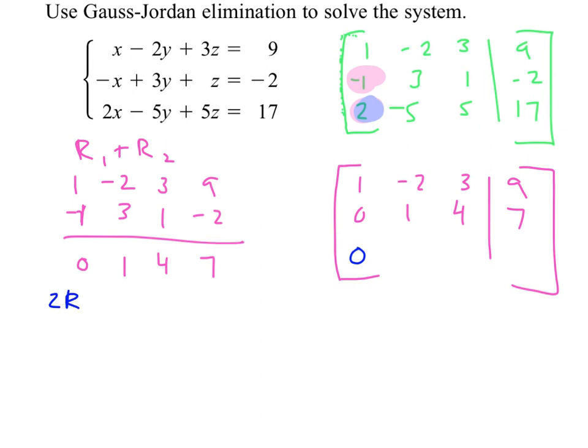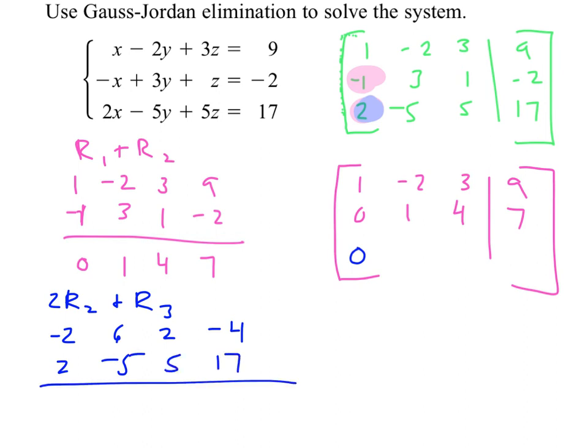So 2 times row 2 plus row 3. 2 times row 2 would be negative 2, 6, 2, and negative 4. Row 3 is just 2, negative 5, 5, and 17. Add them together. Negative 2 plus 2 is 0. 6 minus 5 is 1. 2 plus 5 is 7. Negative 4 plus 17 is 13. So you have 0, 1, 7, 13.